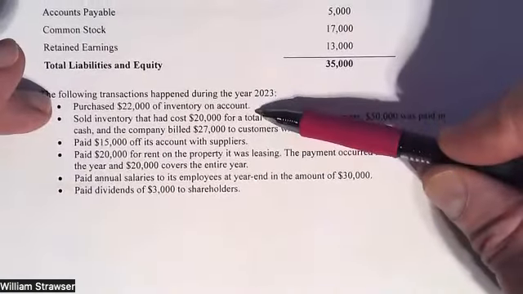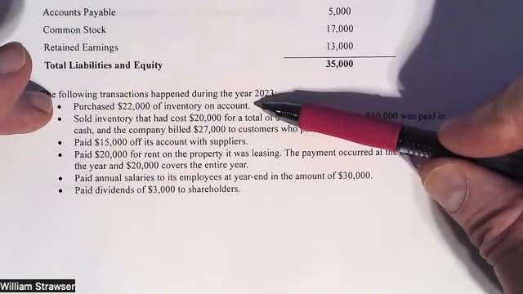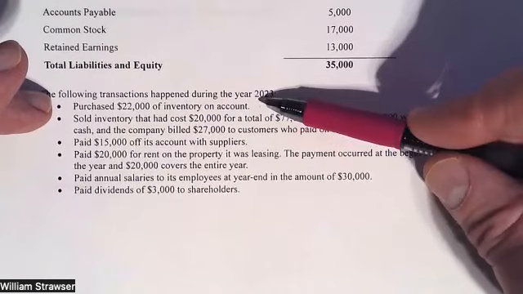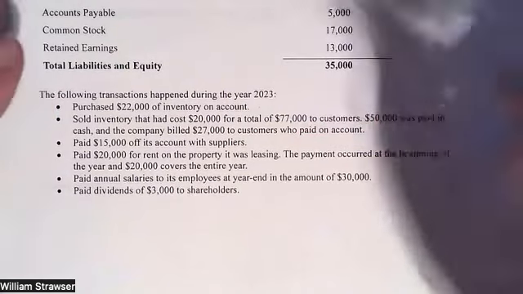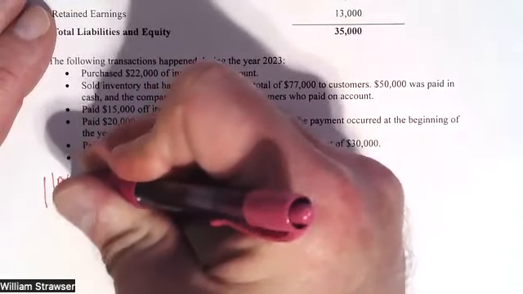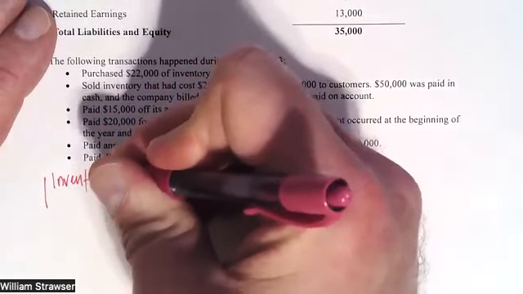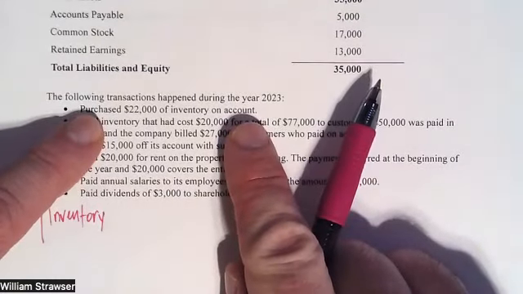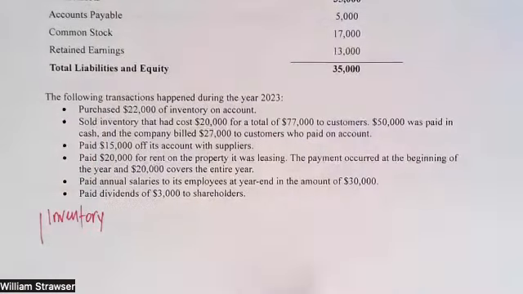Purchased $22,000 of inventory on account. So I'm buying more goods that I can sell and I'm not paying for them now. I'm going to pay for them at a future date. So that is my debit to inventory. I asked myself, what did I get for this? Well, I got inventory. Well, what is inventory?